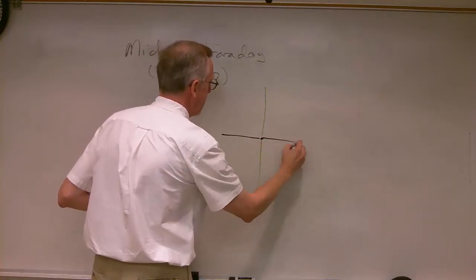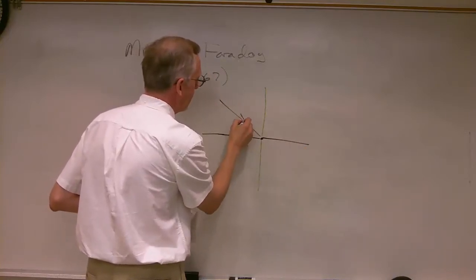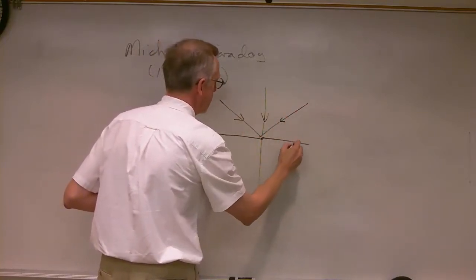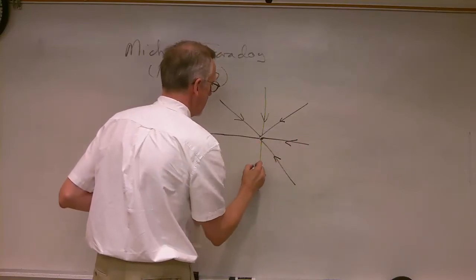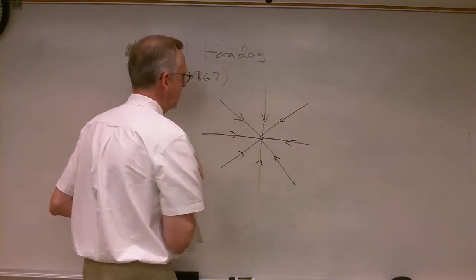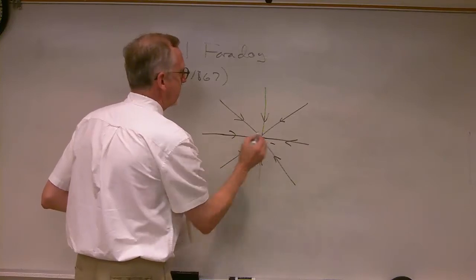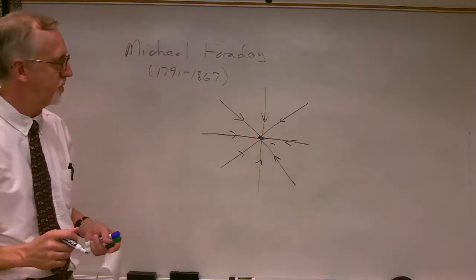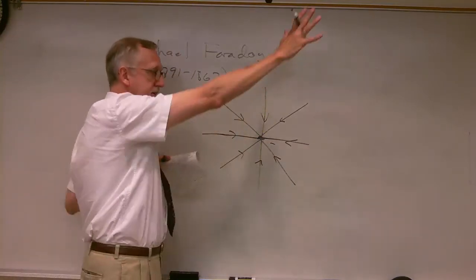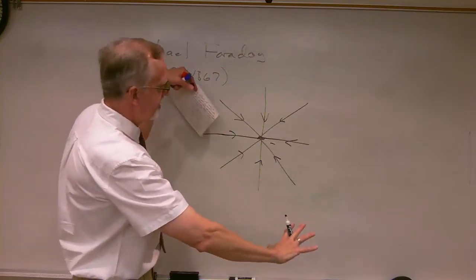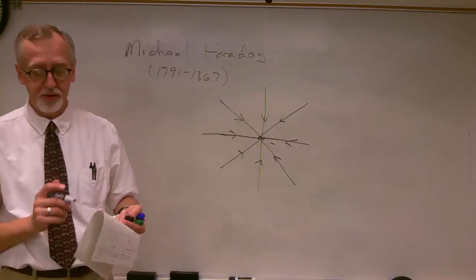However, in this case, all of our lines point toward the charge, like that. So that's what the electric field would look like for a negative charge. Positive charges, the field lines point away. Negative charges, the field lines point toward the charge.